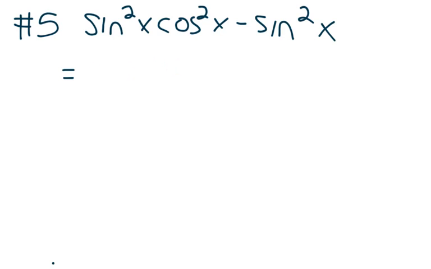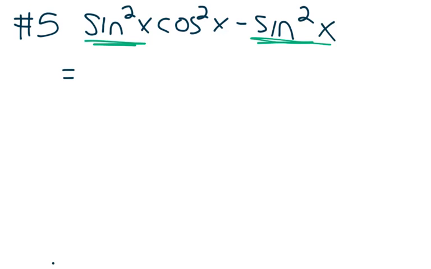Please remember PEMDAS. These are being multiplied, so they have to be multiplied together before I can add or subtract. So you can't just start subtracting things. That doesn't work. But I do see that both of my terms have a sine squared.